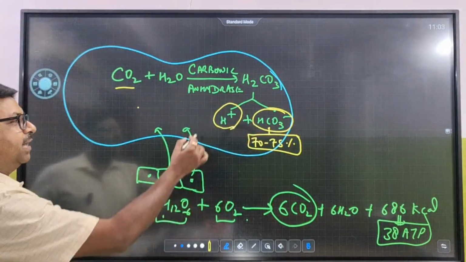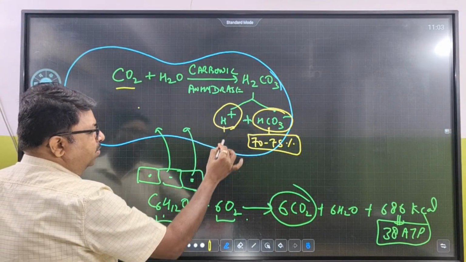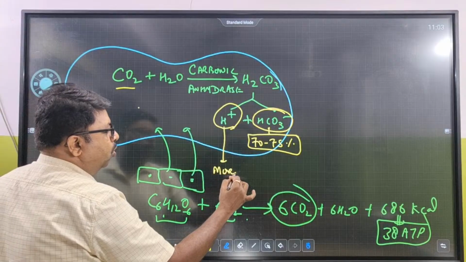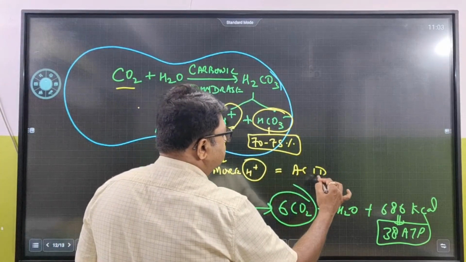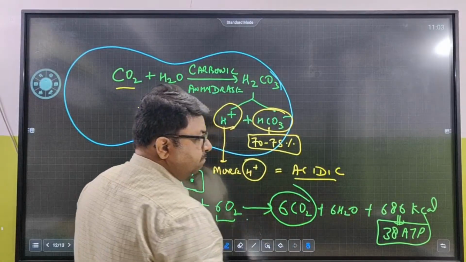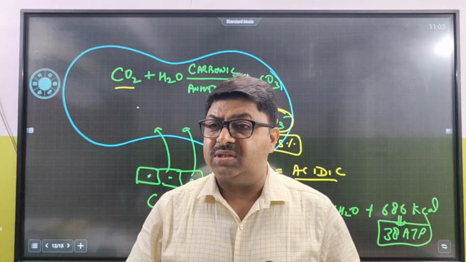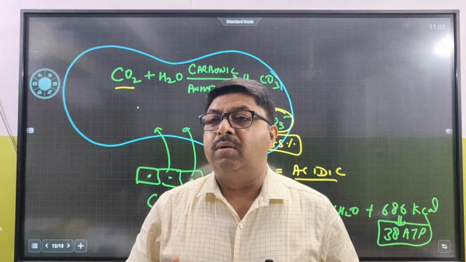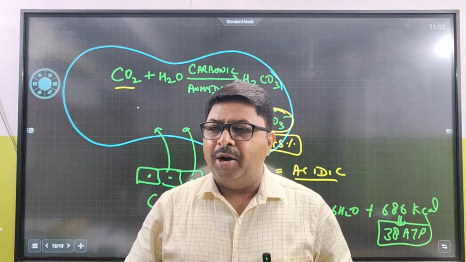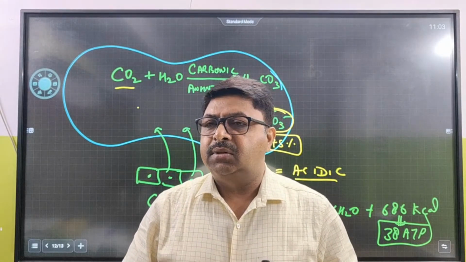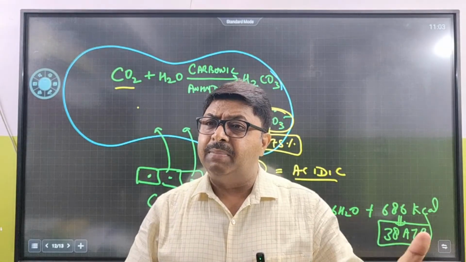And this H plus ion is going to make the whole RBC or the blood more acidic. If the blood becomes acidic, the condition is called acidosis. That is what really occurs in septicemia, when your body is completely infected by a huge amount of bacteria, and the blood becomes acidic.